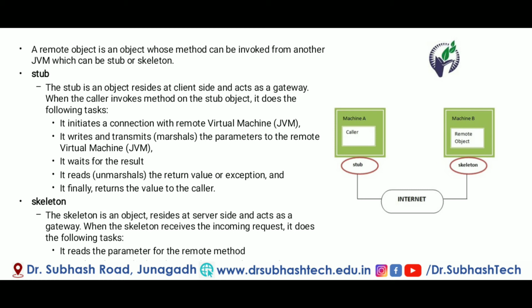So in this process you have to perform marshalling and unmarshalling, or we can say the encryption and decryption process, to pass the parameter in a form appropriate for that environment.